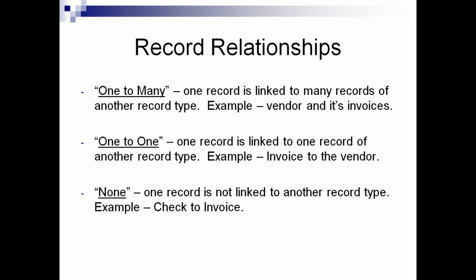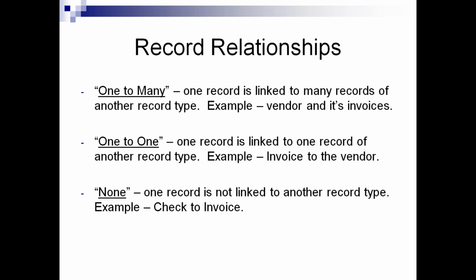And then vice versa. We can have what's called a one-to-one relationship where you have an invoice that is associated with a vendor. So in that case, it's considered a one-to-one relationship, whereas the other way, a vendor can have multiple invoices, so that's considered a one-to-many.